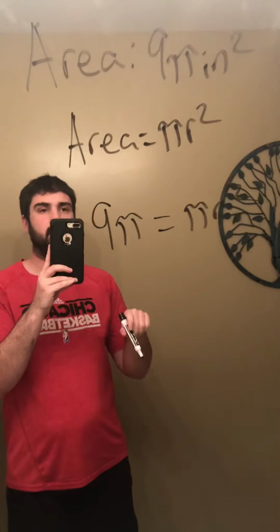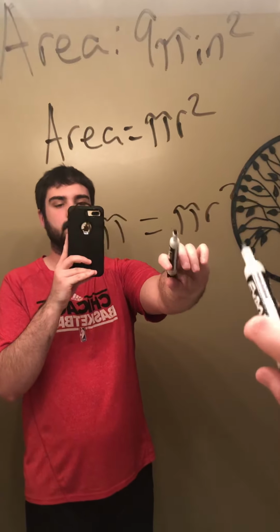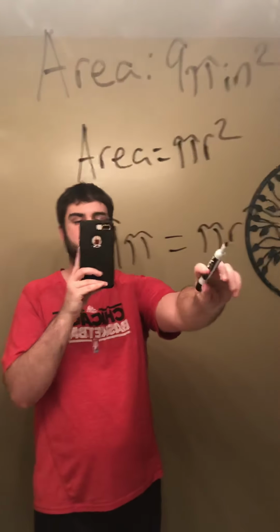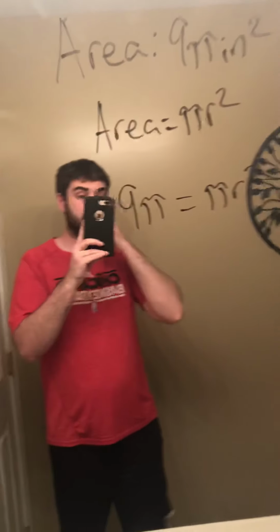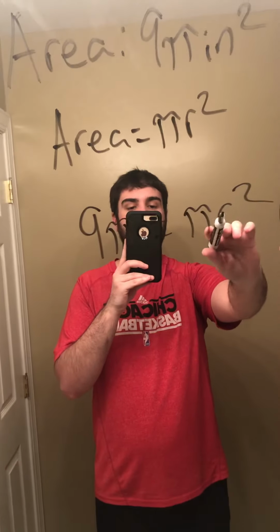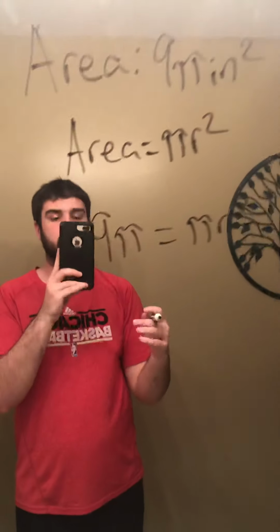You have to know what r is. Pi has a value, but the radius, you have to find what it equals. Since the radius is squared, you have to find the square root to cancel that. To get this exponent of 2 out, you have to find the square root. That means you don't find the square root of 9 pi, just find the square root of 9.